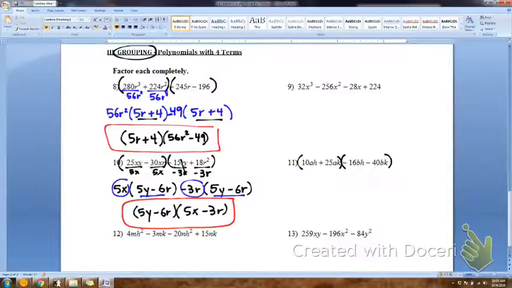Keep going. Actually pull out an 8 from 16 and 40.